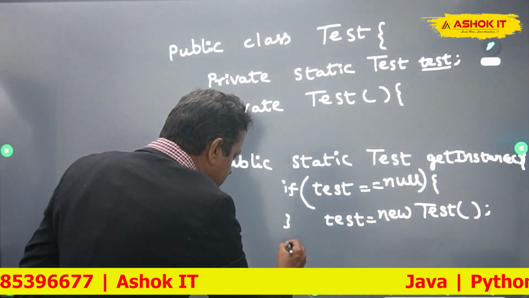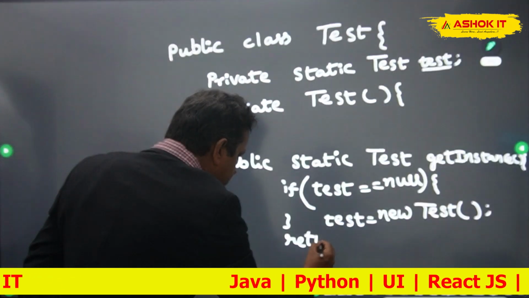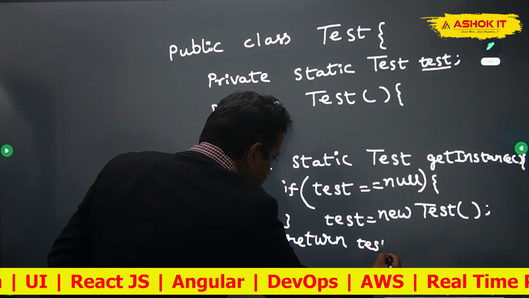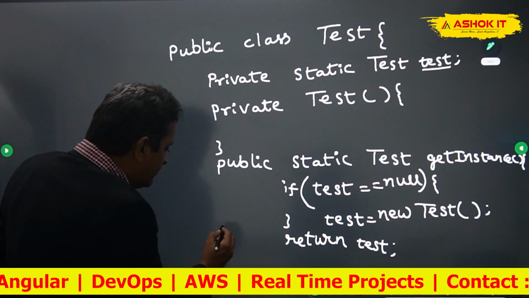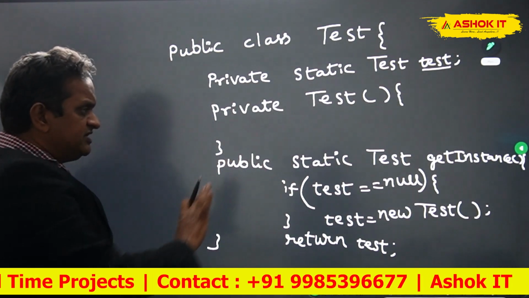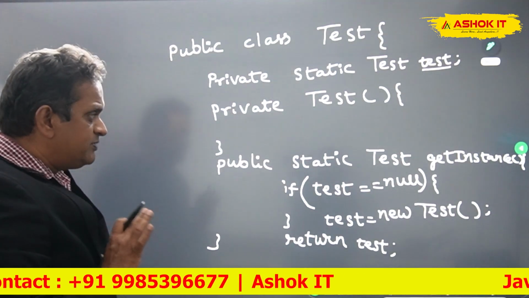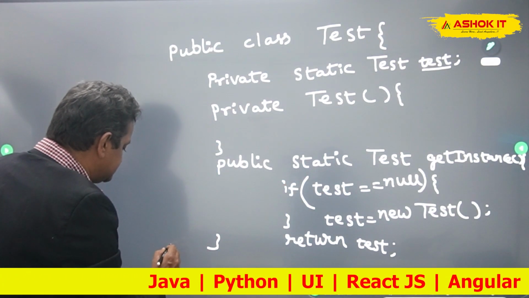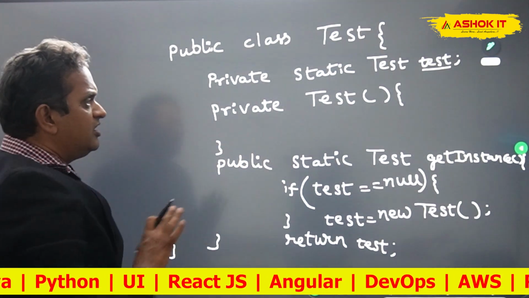What is the last line? Return test. Whoever calls this method, what will happen? The reference of the object of the class will be returned to the caller.